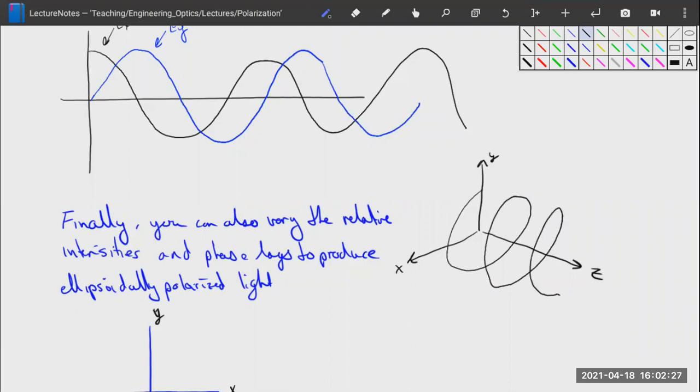Okay, that was not terrible. What happens is the location of the maximum electric field appears to spiral in space, right? As it moves forward, that location starts at Y, let's say, moves down to X, then goes down to negative Y, and then comes back around. Oh shoot, I didn't draw this very well. It's hard to draw this in three dimensions.